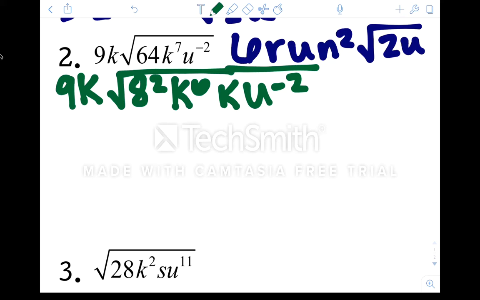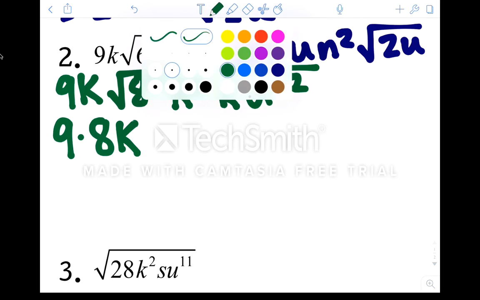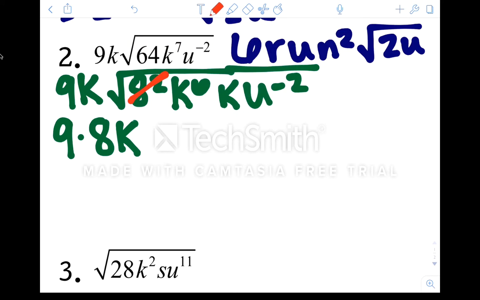All right, so let's go ahead and simplify this. Take out our perfect squares. So the square root of 8 squared, or the square root of 64, is 8. So I'm going to have 9 times 8 outside of my radical. I have that k outside the radical. So now I have k to the 6th.